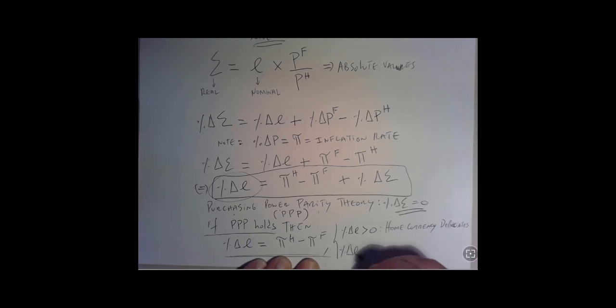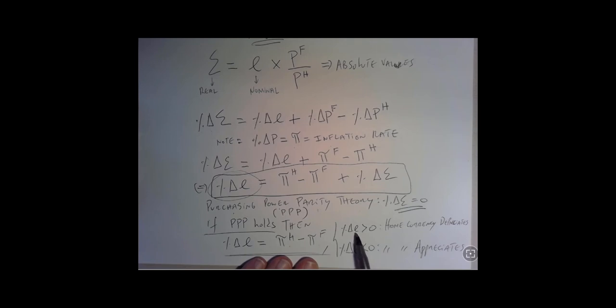If it's less than 0, home currency appreciates. Because this means you're giving up more of domestic currency to buy 1 unit of foreign currency, for example, dollars per pound. And this means that you're giving up less of the domestic currency to buy 1 unit of the foreign currency.